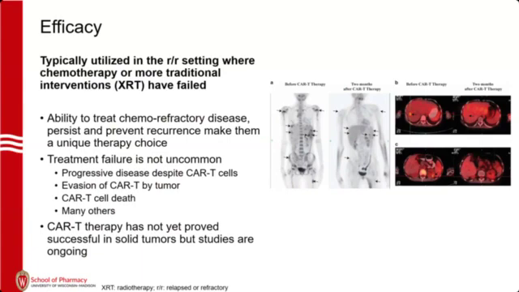But again, all of this sounds great in theory, but in practice, there are a lot of treatment failures that can come on. We can have progressive disease despite CAR T cells growing and persisting. We can have your tumor cell stop expressing the receptor that we're going after. It can just stop expressing CD19.